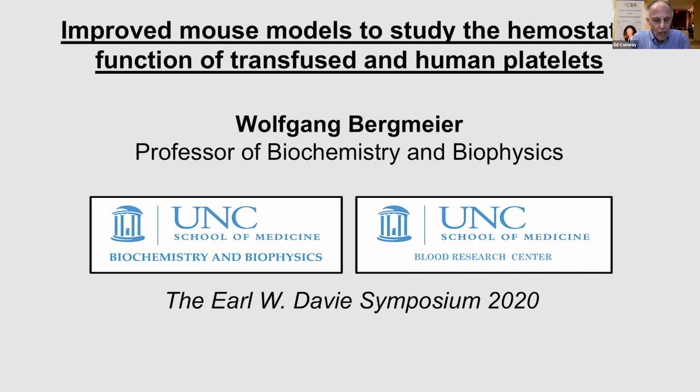In 2011, Wolfgang moved his research program to UNC Chapel Hill. His lab identified the small GTPase RAP1 and its regulators as a unique rheostat for platelet reactivity. His ongoing work focuses on a better understanding of small GTPase signaling pathways in platelets and megakaryocytes and how to translate his basic science findings to the clinic.